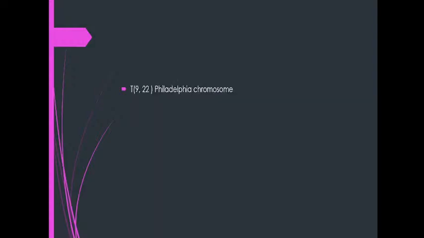Now, what is a proto-oncogene? Proto-oncogene is something that you talk about before something becomes an oncogene. The oncogene that is translocated in cases of CML is what you call the ABL gene, present in chromosome 9.